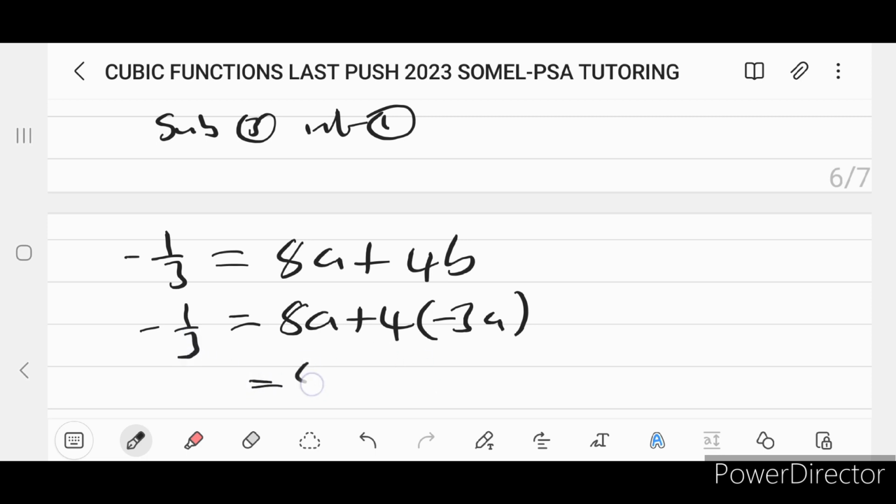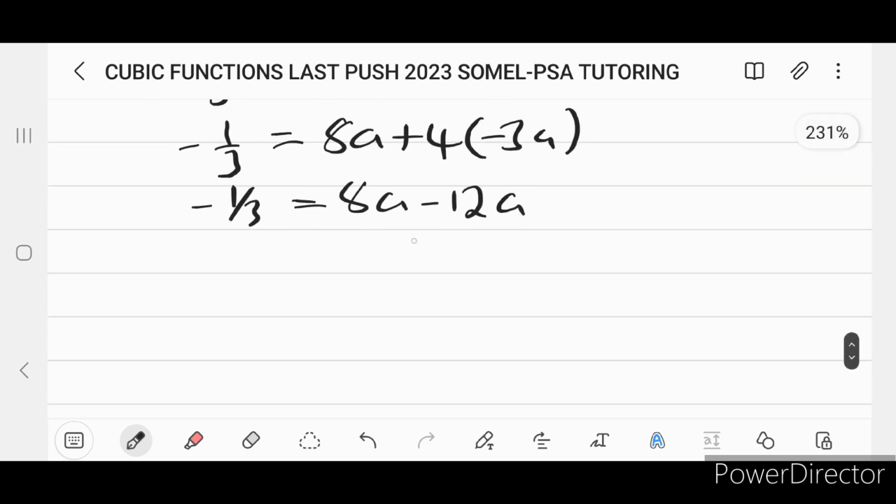This times this is minus 12a. 8 minus 12 is minus 4a, equals minus 1 over 3.